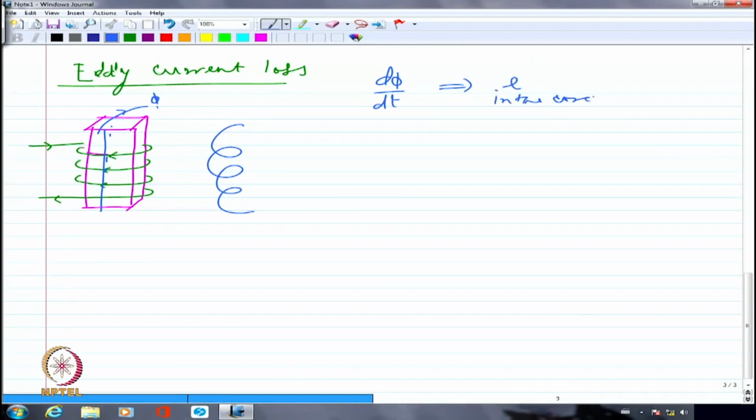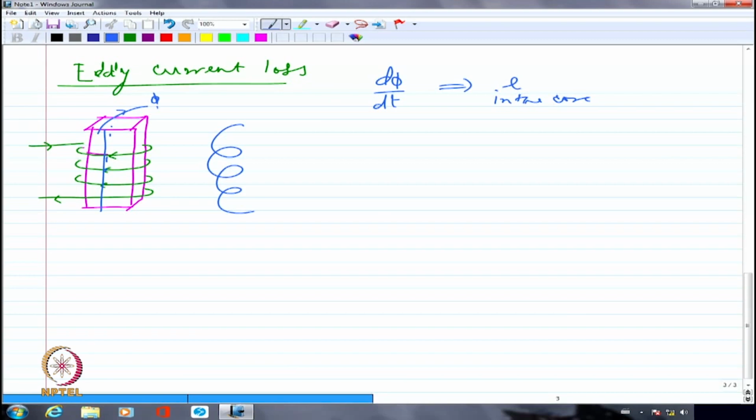And the core is not having really a very high resistance. Let us say it is made up of a metal and it is a solid metal. So the currents can go in all sorts of directions there because the resistance is small. It will just have all sorts of different directions of current flowing all over the core, which is called the eddy current.